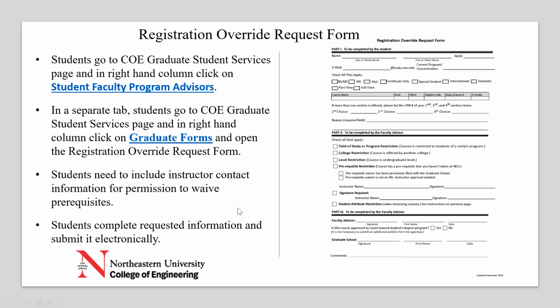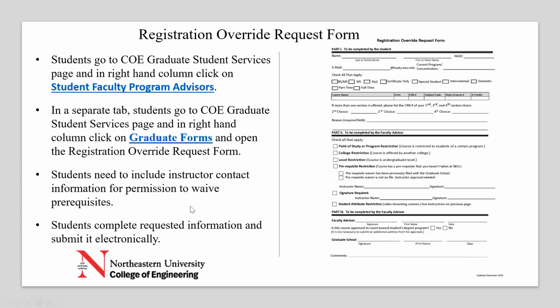So here is an example of the registration override request form. After you fill out the contact information for the people that need to approve the form, you will then be brought to this form to complete, and you need to complete part 1.